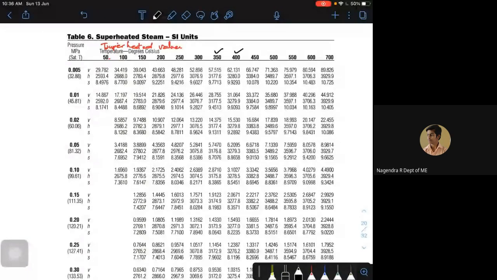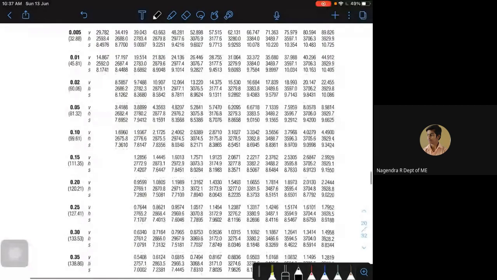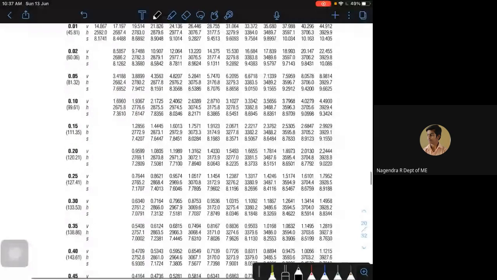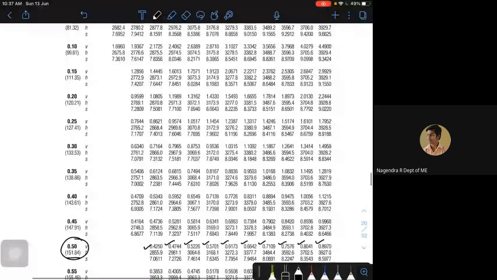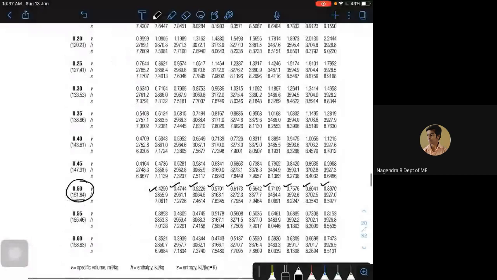Okay, at 350 degrees Celsius, now check for 0.15 bar. My value is around 7.08, no? I have to come down a little bit.